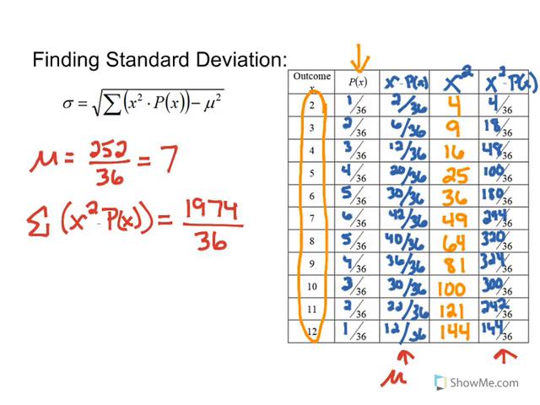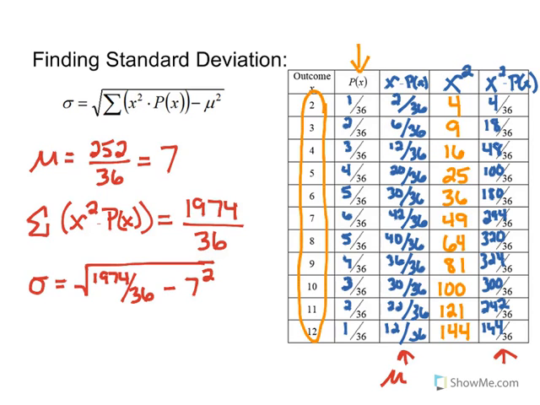Okay, so now we're going to plug them into that formula up top. So the standard deviation, sigma, is equal to the square root of 1,974 over 36 minus 7 squared.